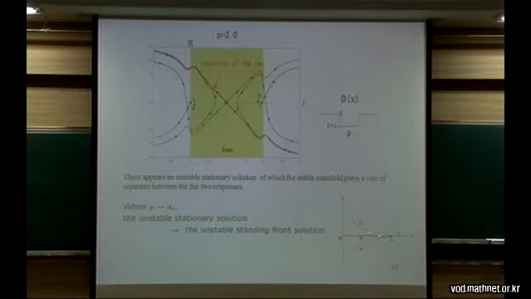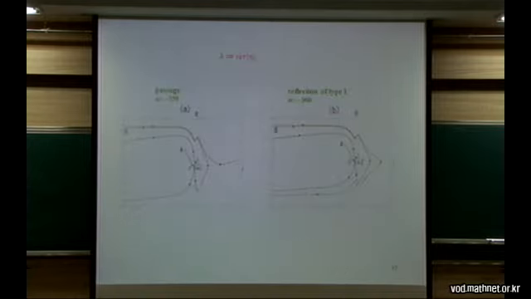This solution is an unstable front solution. When P tends to 0, this solution converges to this one. Then, what is the separator of these two? At L equal to infinity, there exists an unstable standing front solution, and the stable manifold separates these two. So this is our understanding.